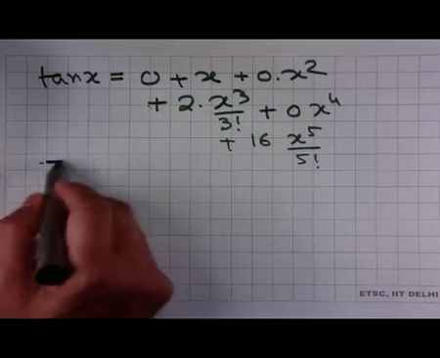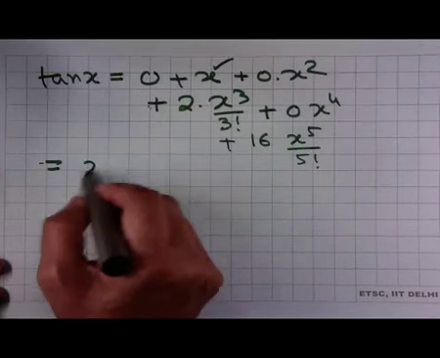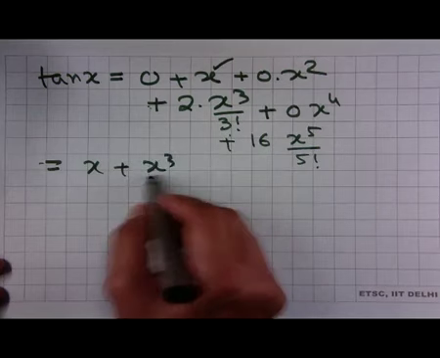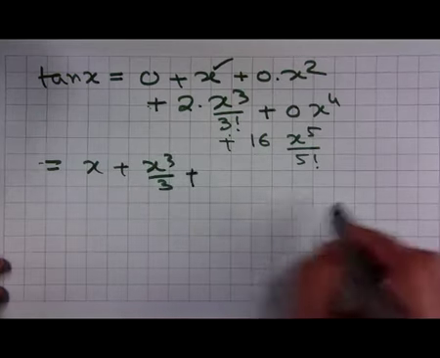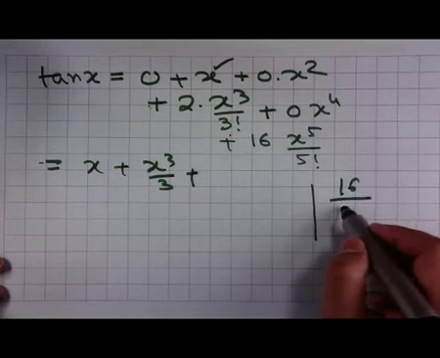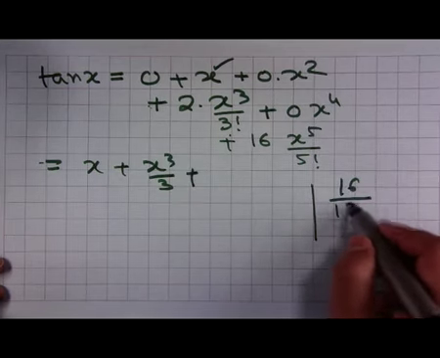Now, this is equal to x plus x cube upon 3 plus 16 upon factorial 5, which is 120.